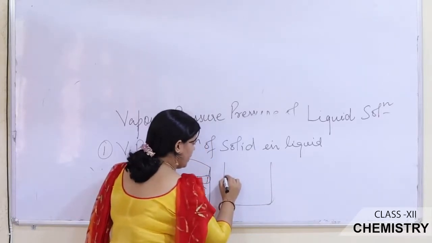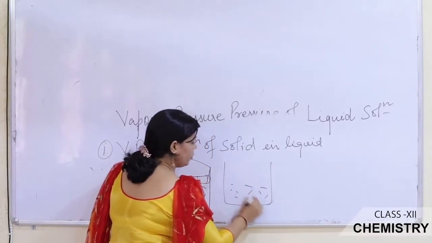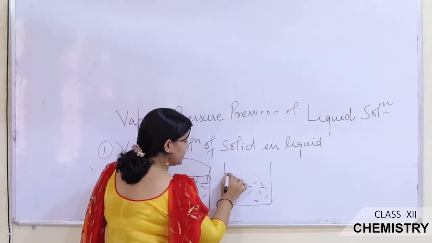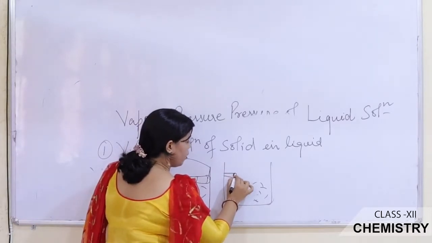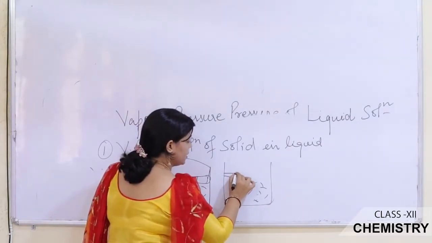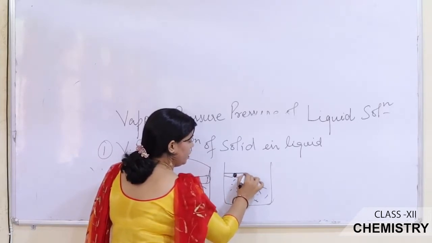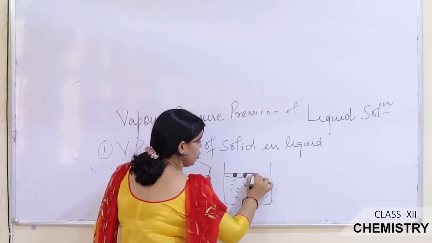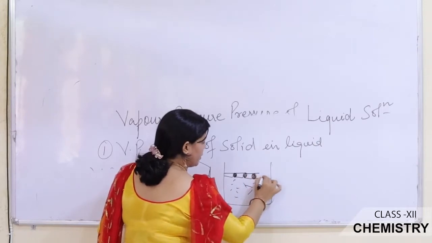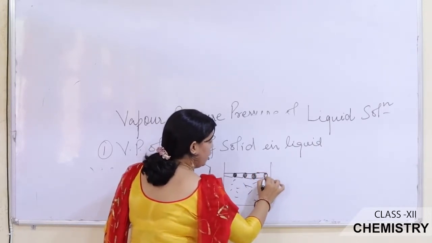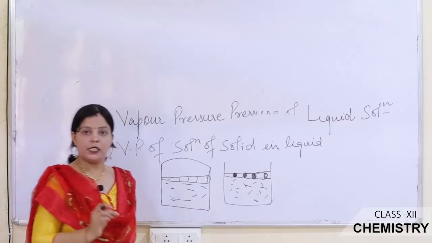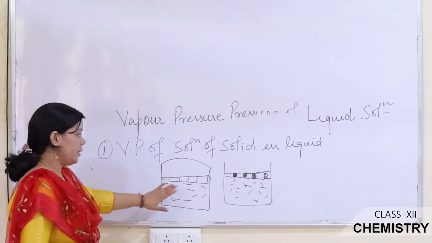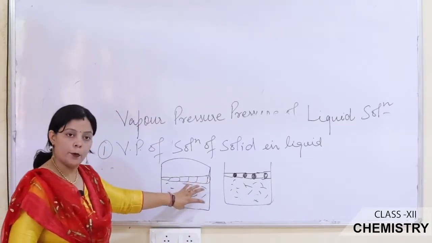Here we are adding the solute to the solvent, and in this case it is observed that some of the area of the liquid surface gets occupied by the solute molecules. So the decrease in the vapor pressure can be explained on the basis of the area which is available for evaporation. In this case, this is the vapor pressure of the pure solvent.